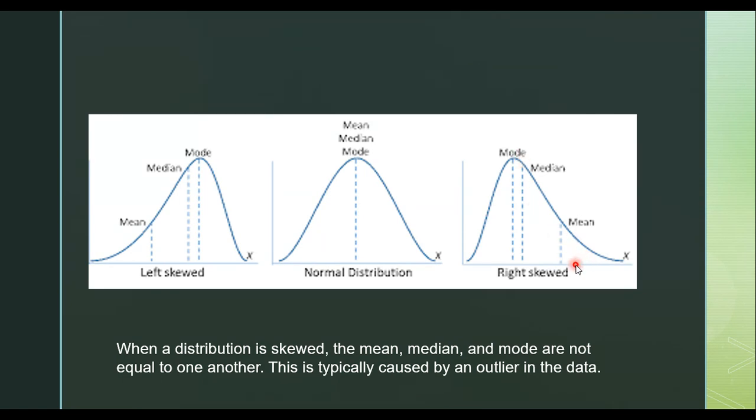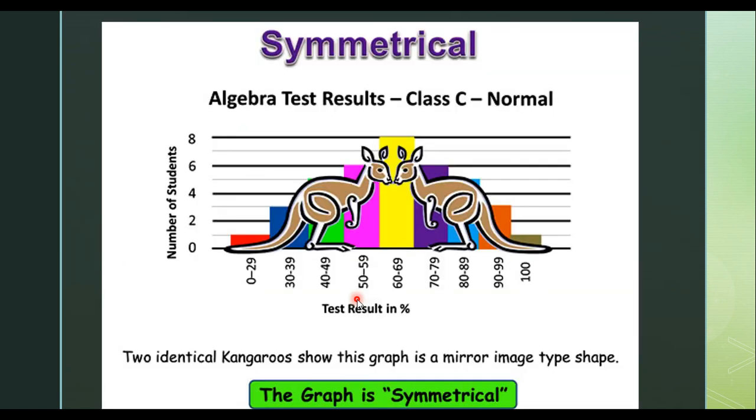Median's in the middle and mean is to the right. So when a distribution is skewed, the mean, median, and mode are not equal to one another. This is usually caused by some sort of outlier. So if it's right skewed, there's a really, really large X value. If it's left skewed, there's a really, really small value in the data set. And that's what creates the skewness that we're observing within these distributions.